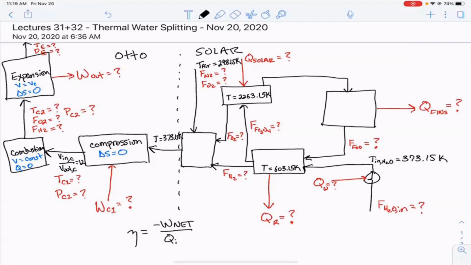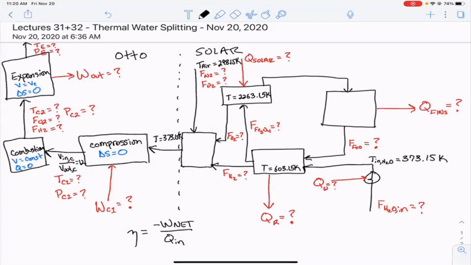Okay. So is that a fair definition for this process, do you think? Seems reasonable enough. I don't see any reason to change it, right? The purpose of this process is still to do work based on taking in heat, right?